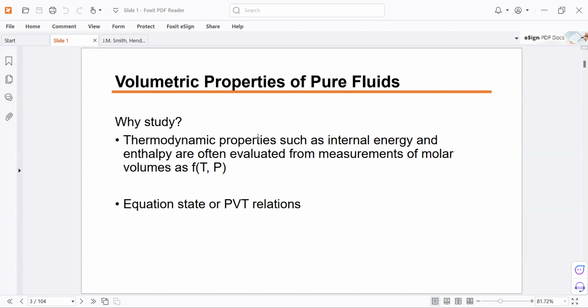Now, we can derive these volume, temperature, and pressure properties. So usually we determine the volume from equations of state or PVT relations. So you will see later on as we move through the lecture.